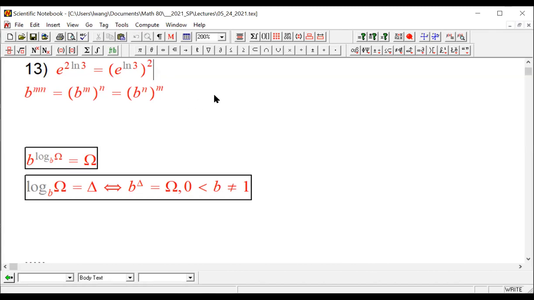Do you follow me? You can regard one of these as m. ln 3 is together, okay? Don't break them up. ln 3 is one number, so you regard this as m times n.